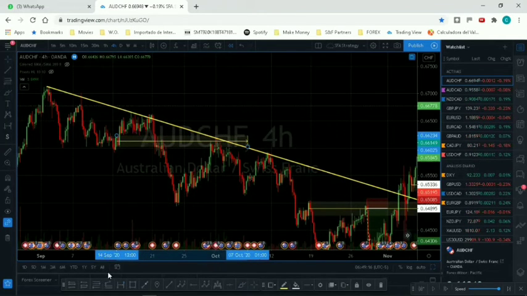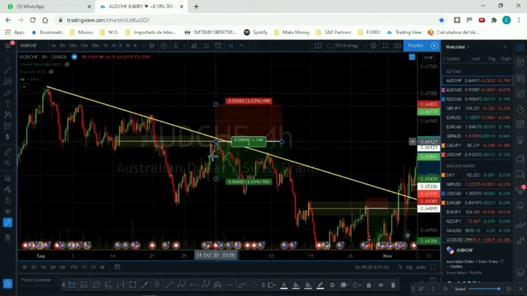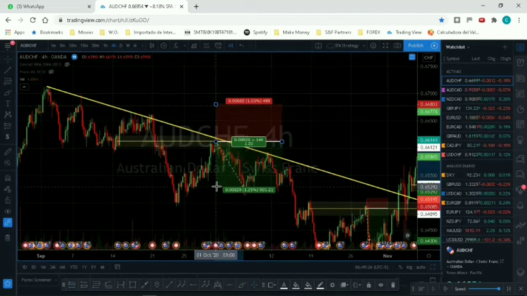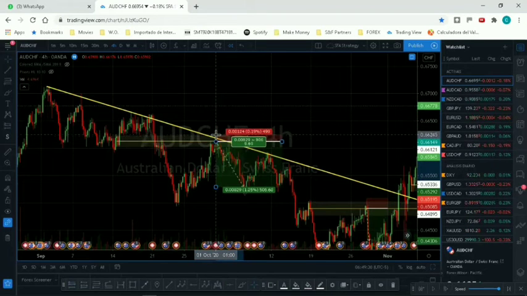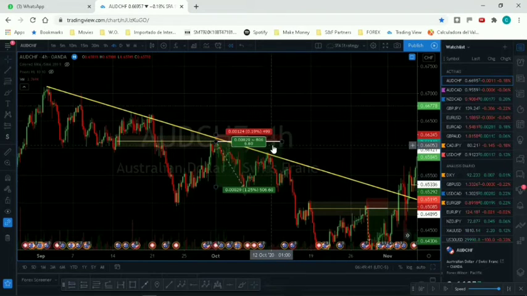And now this breaker allows us to take this short position right over here. Almost no drawdown, of course. Let's put our target over here, our stop loss just out of our order block. And here we're talking about a 1 to 6.69 risk to reward ratio, right?